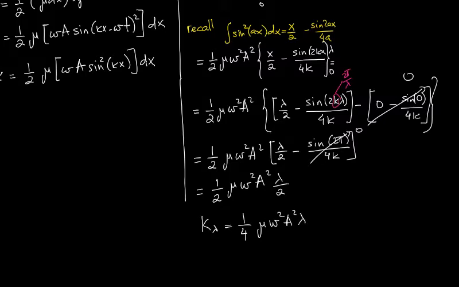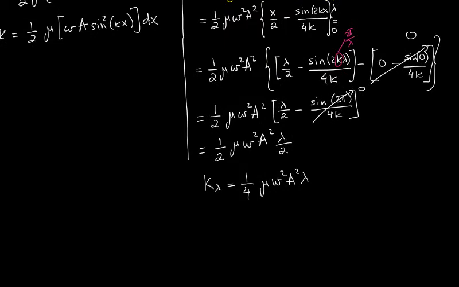With a similar analysis, we will find the potential energy over the wavelength also equals 1/4 mu omega squared A squared lambda. You can try it on your own.